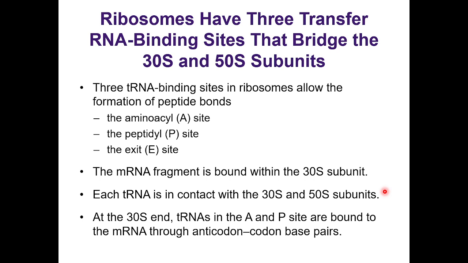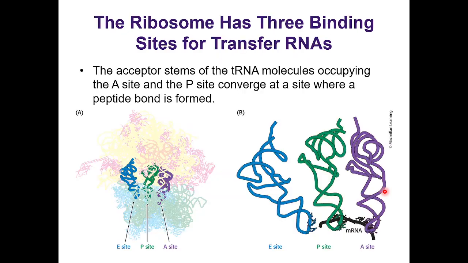Each of the tRNAs then gets in contact with the 30S and 50S subunits. At the 30S end, the tRNAs at the A and P sites are going to be bound to the mRNA through the anticodon-codon base pairs. So this right here is again the three binding sites: E, exit site; P, peptidyl site; A, aminoacyl site. And you can pretty much figure out what's going to happen here just from the naming.